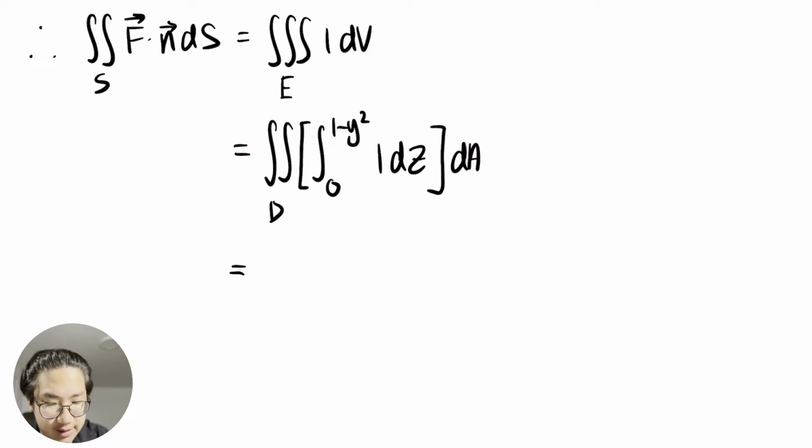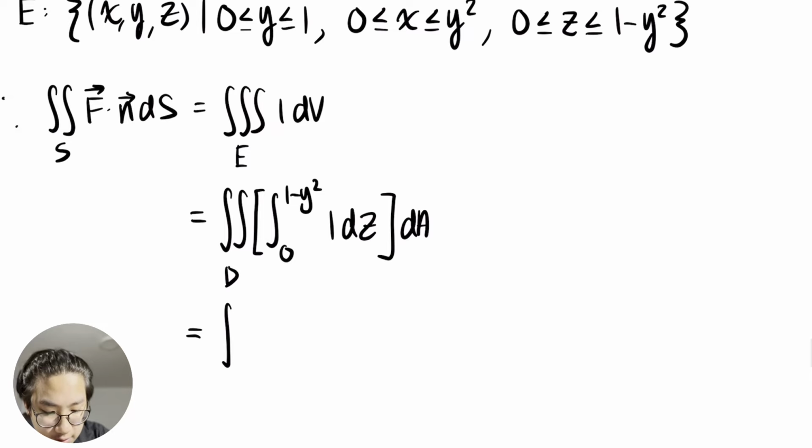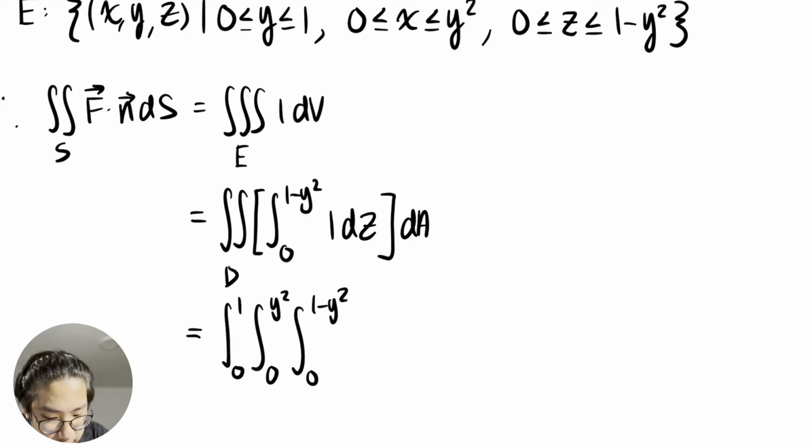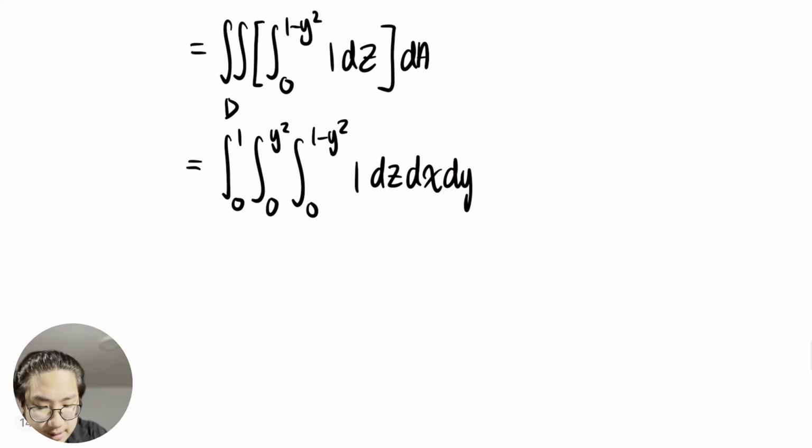In the next step I just expanded it. So we have the integral here now. y goes between 0 and 1, x goes between 0 and y squared, and then z goes between 0 and 1 minus y squared. You have 1 dz, then dx, then dy. Very good, and now we can simply evaluate this. z doesn't even appear yet, so integrating it just gives us z.